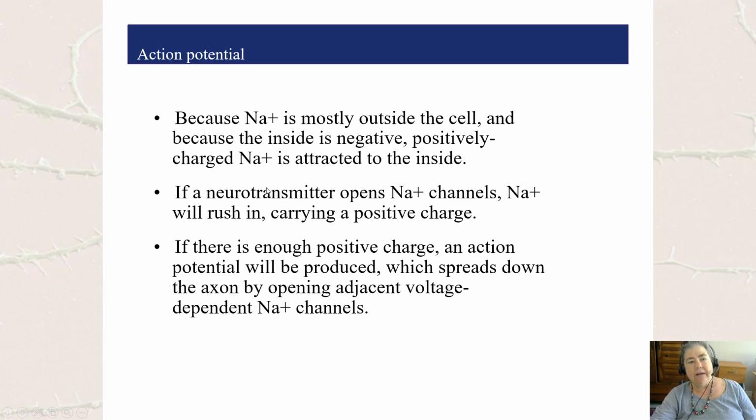You can have small numbers of neurotransmitters that don't open enough sodium channels to bring the charge to threshold. But once it's brought to threshold, then suddenly the voltage gated sodium channels start opening and an action potential begins to propagate down the cell membrane of the axon.